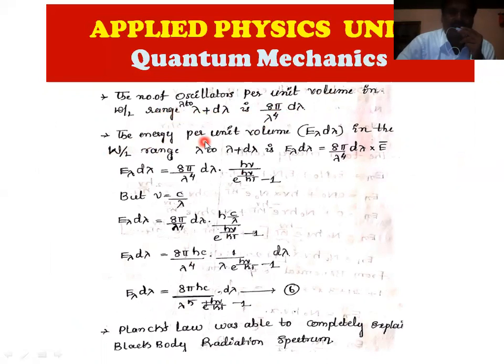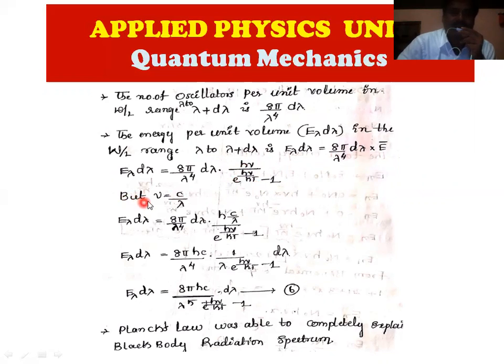The energy per unit volume E lambda d lambda in the wavelength range lambda to lambda plus d lambda is equal to 8 pi by lambda to the power 4 into d lambda into E bar. Here this E bar we are substituting from the previous equation, that is h nu by e to the power h nu by kT minus 1.